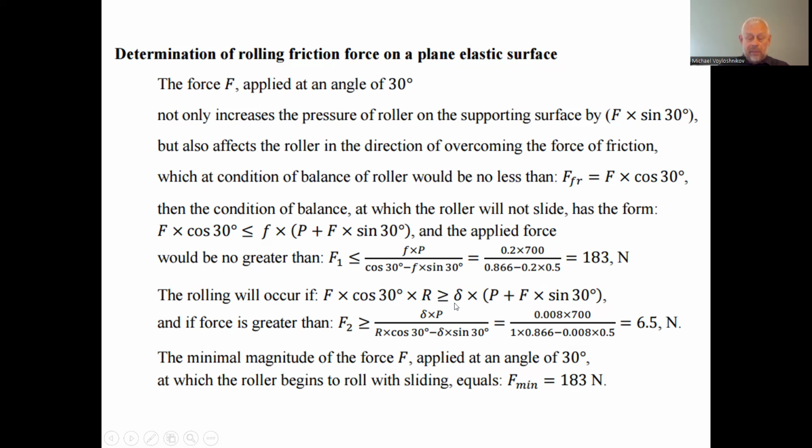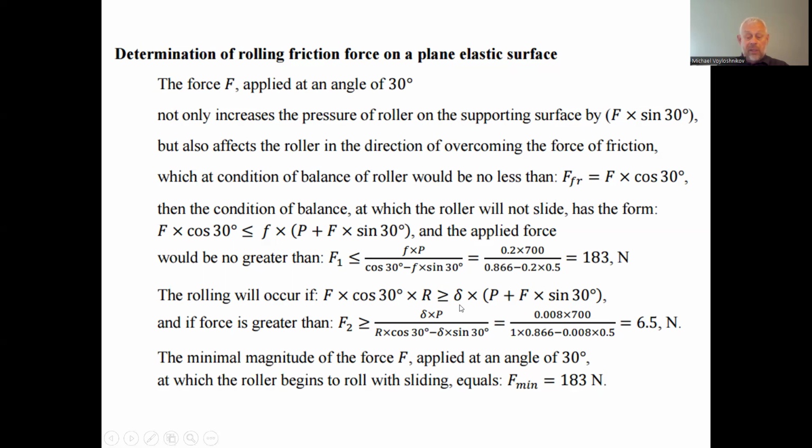Delta is the coefficient of the rolling resistance, depending on the material and geometry of the surface, the rolling wheel material as well, and the geometry radius of the rolling wheel. This gives rise to a definite arm of the shift of the points of application of the support reaction and the weight forces.